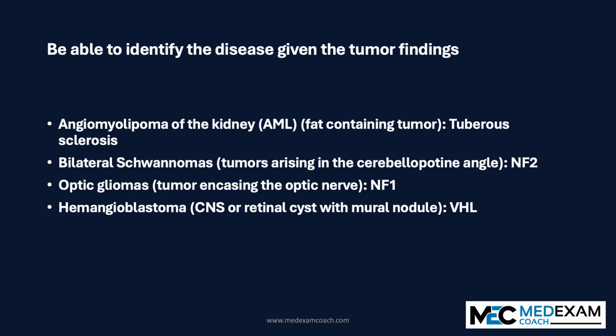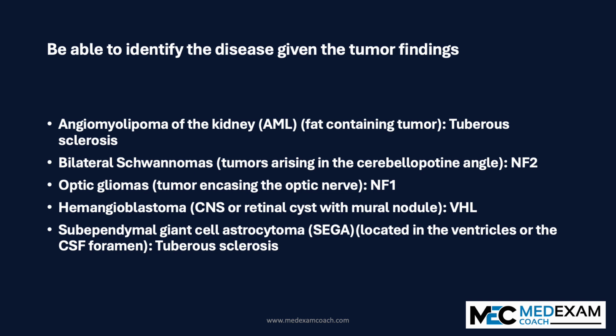Hemangioblastomas are very specific for von Hippel-Lindau, and it's basically a brain or spine or retinal cyst with a mural nodule, an enhancing mural nodule. That's a hemangioblastoma, very specific for von Hippel-Lindau.